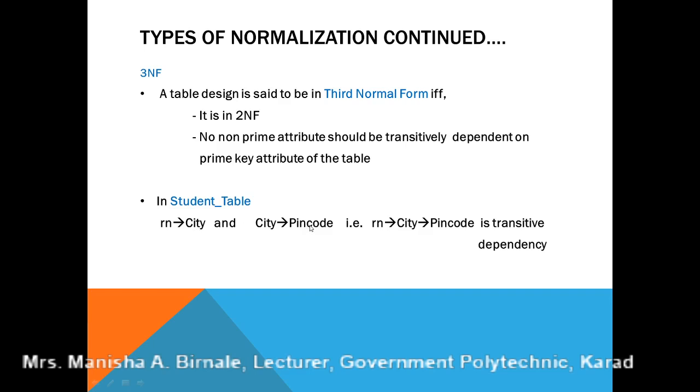Pin code is also a non-prime attribute. So it is indirectly dependent on roll number. So city and pin code are non-prime attributes and they are transitively dependent on the prime key attribute roll number. So this is called a transitive dependency. We have to remove this transitive dependency if we want to bring our table into third normal form.